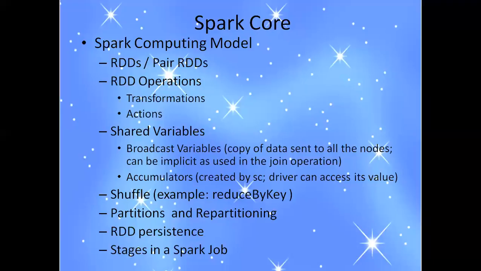Each step is treated as a graph. Only when you fire the actions, that's when it is actually doing something. Whereas in MapReduce, it's done right there and then. It's called lazy evaluation. So what it does is it groups all of your transformations. Just a record of what you want to do.